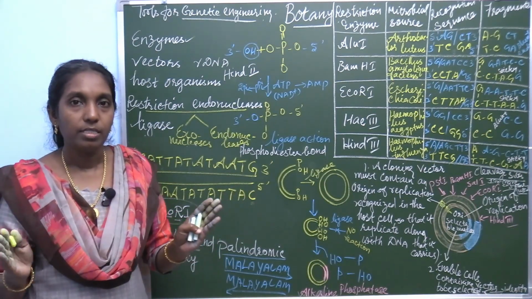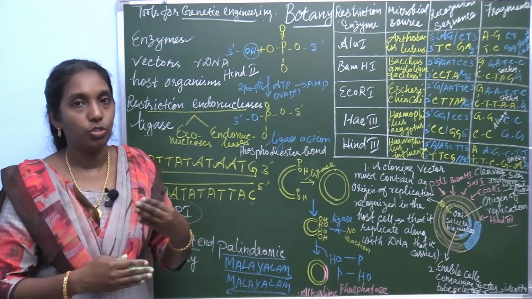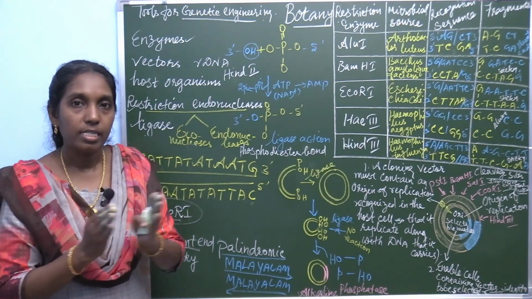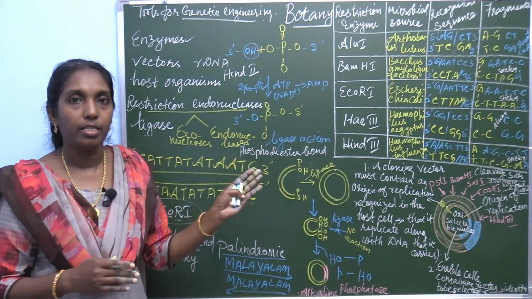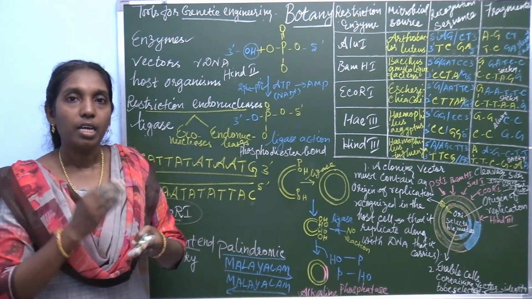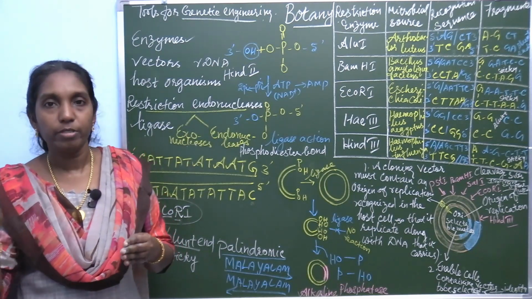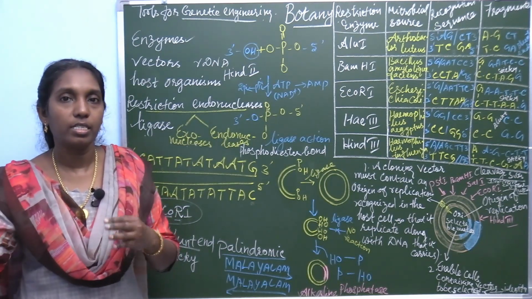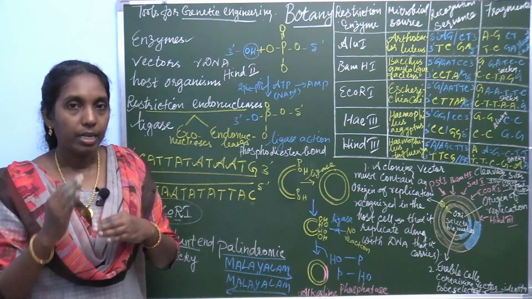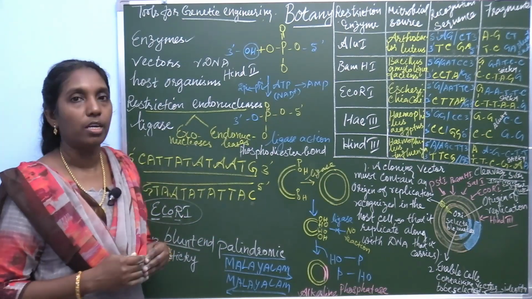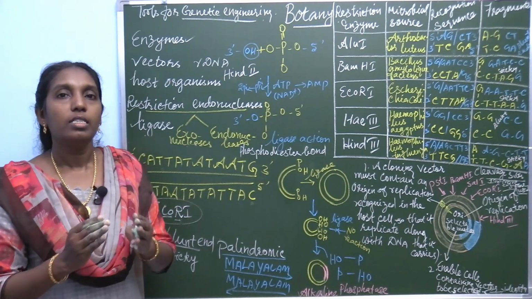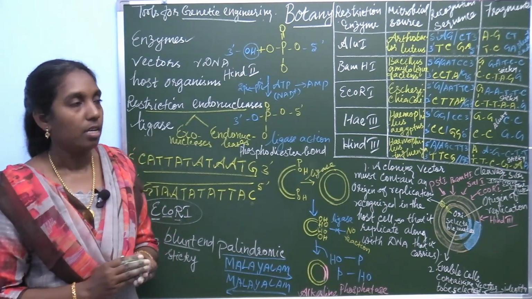After cleavage, it has to join. So first there is a cleavage. In recombinant DNA technology, the plasmid as well as the desirable gene selected from isolated DNA can be cut open by use of restriction endonucleases at the recognition site.